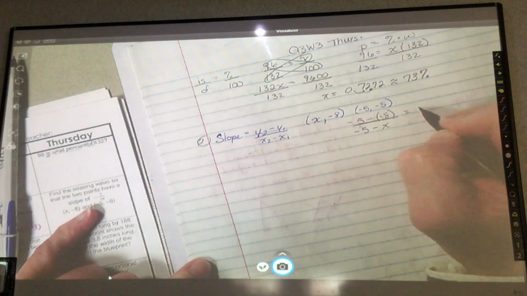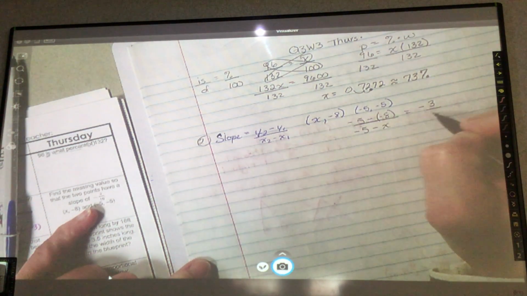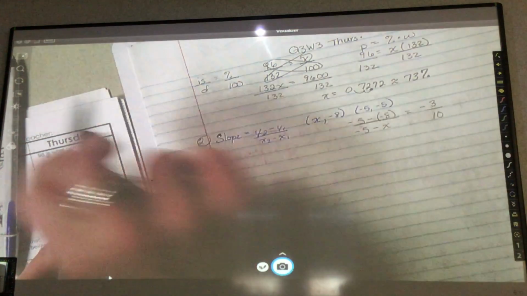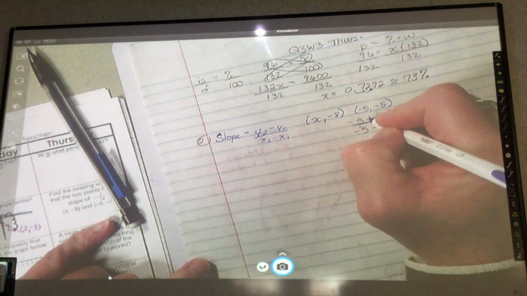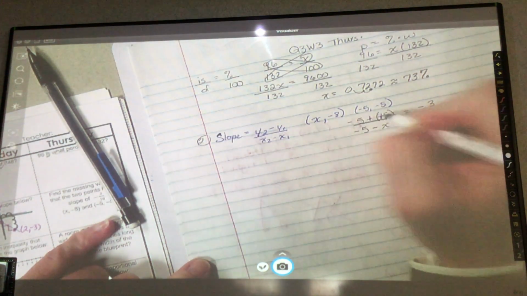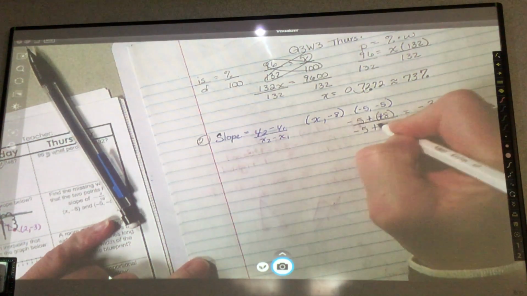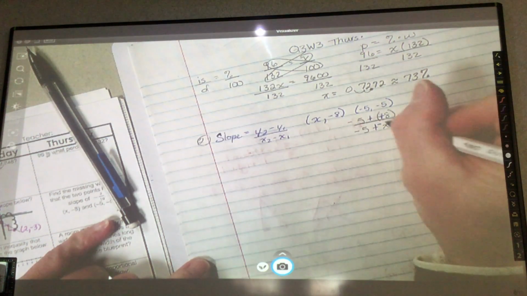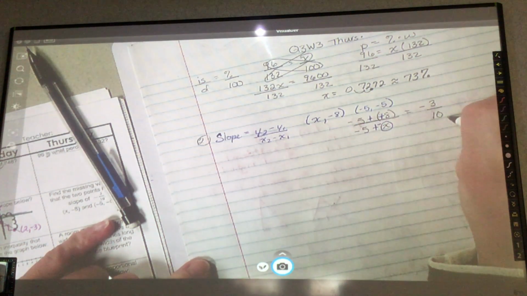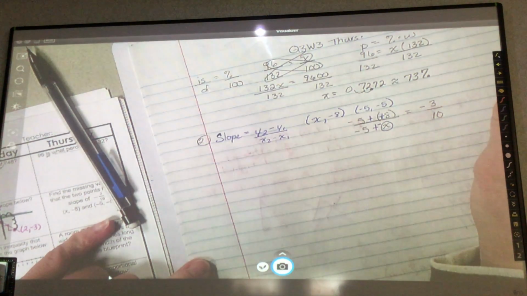This has to equal -3/10. So we keep change, and -5 plus 3 is -3. Keep change. So what do I have to have x to equal 10? 5.